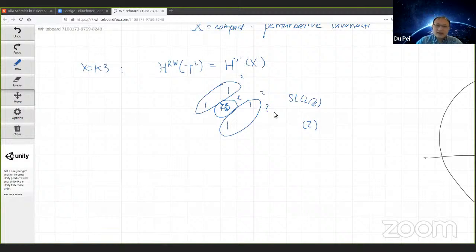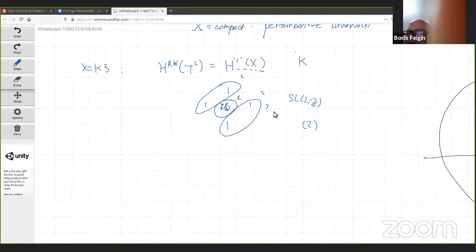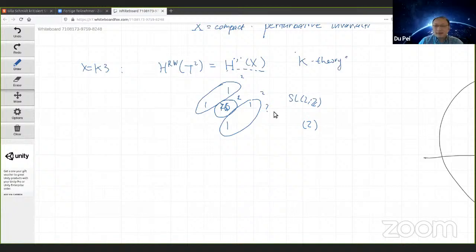So I think the first step is not using cohomology, but upgrading this to K-theory. Okay, fine. And then maybe do something else to get the correct version.